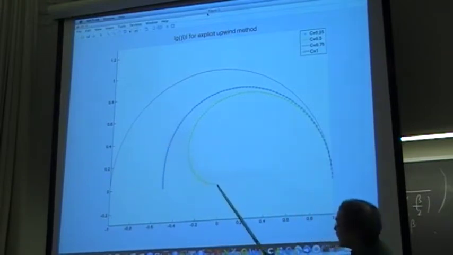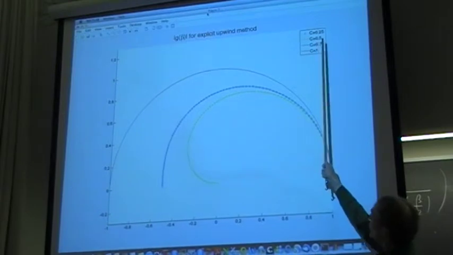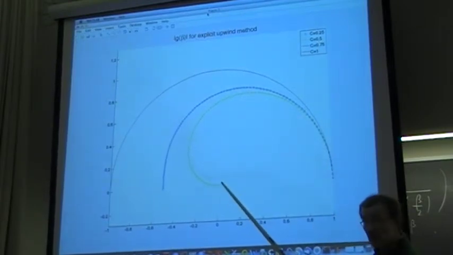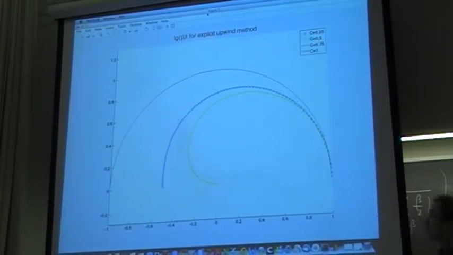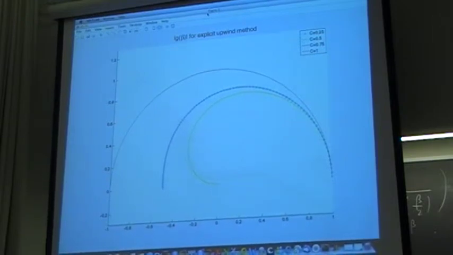And when we look at the current number 0.5, we see that we get 0. So that is a case which means that we have full damping. And that is for beta equal to pi.